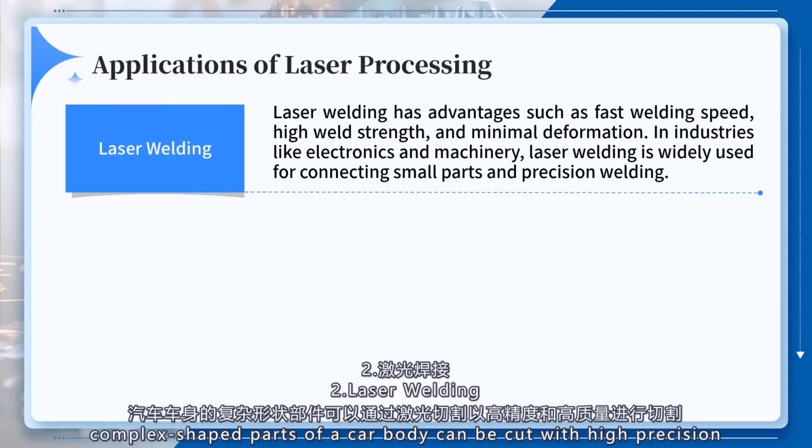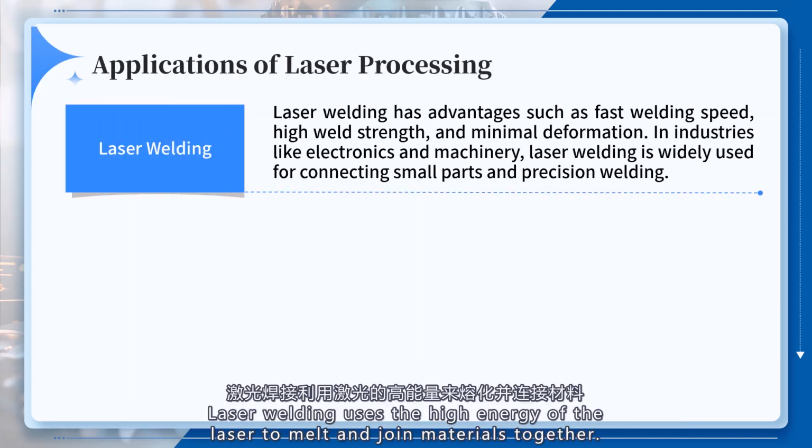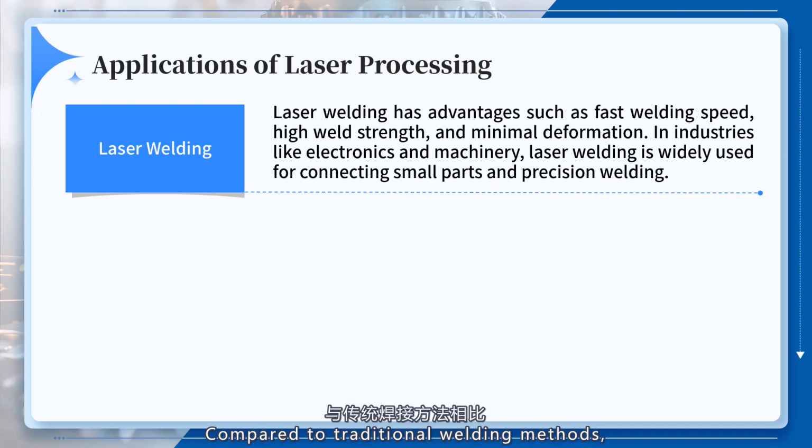cutting. 2. Laser welding. Laser welding uses the high energy of the laser to melt and join materials together. Compared to traditional welding methods, laser welding offers advantages such as fast welding speed, high seam strength, and minimal deformation.